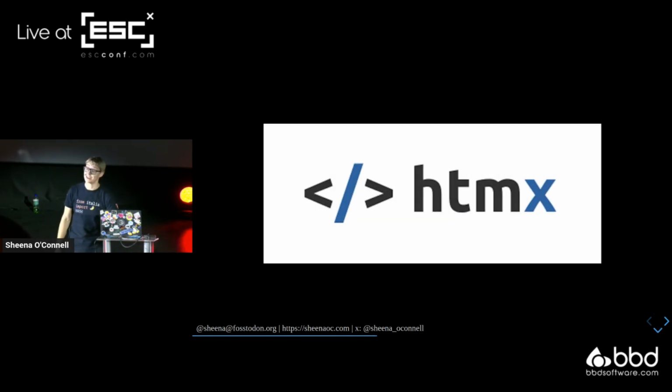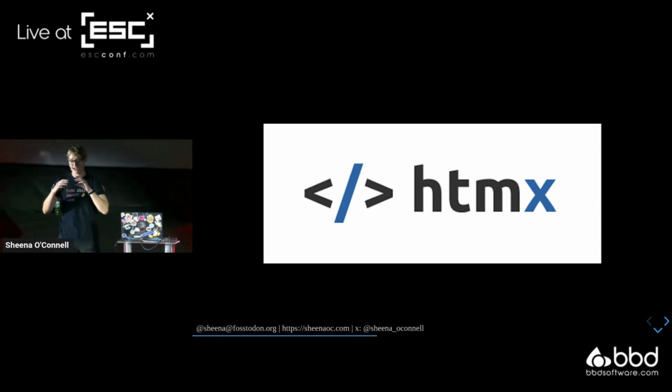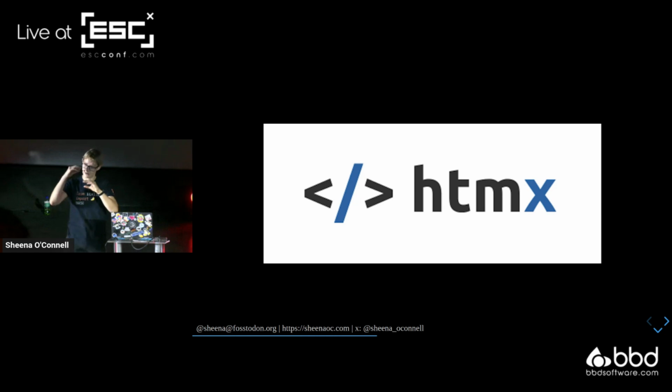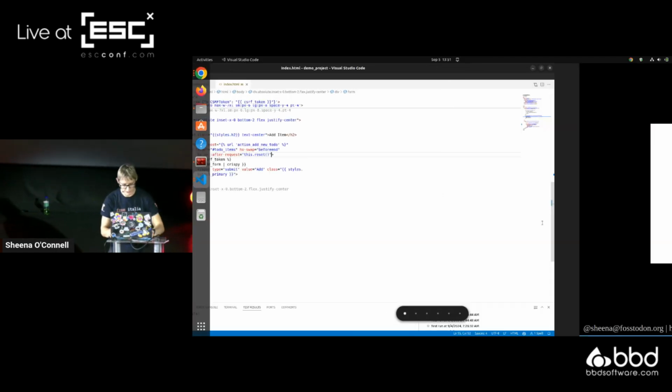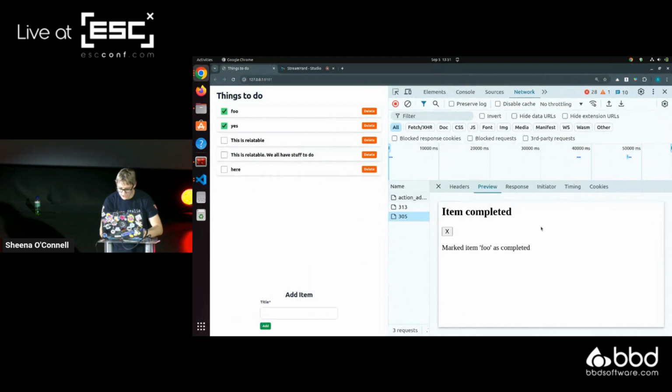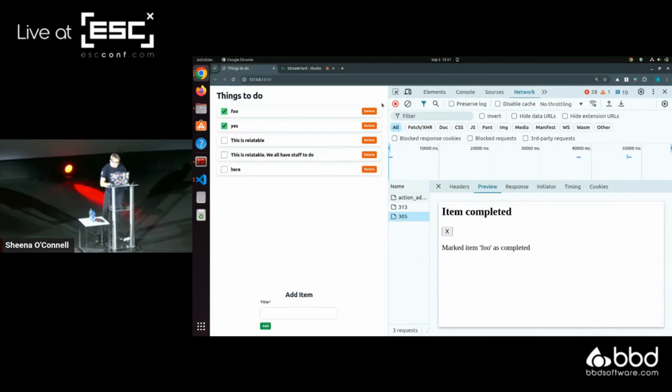The next thing is HTMX. HTMX is the thing that did that magic where the HTML elements ended up being appended in different places. If we look at the response, I'm just going to add something here.